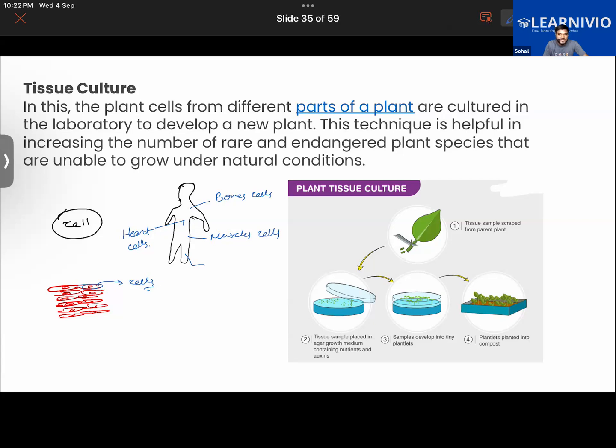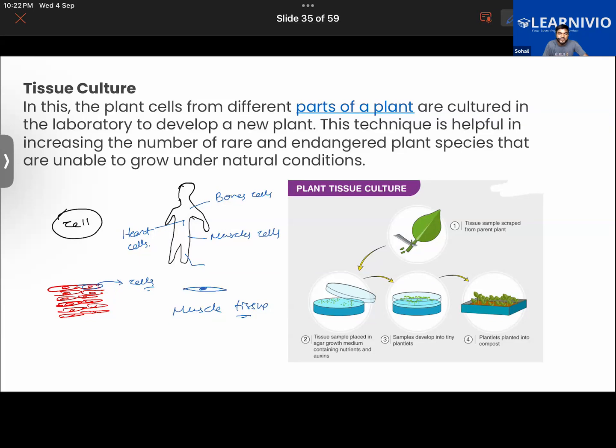Tissues are groups of cells which have a similar structure and similar function also. This is a muscle tissue.